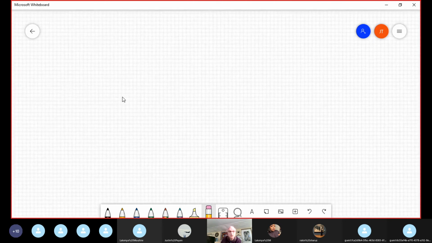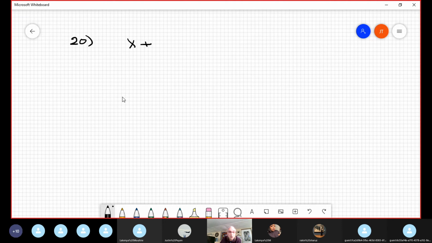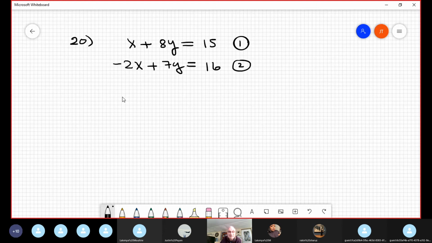The equation in the packet is x plus ay equals 15, equation number 1, and minus 2x plus 7y equals 16, equation 2. This is my system in question 20.